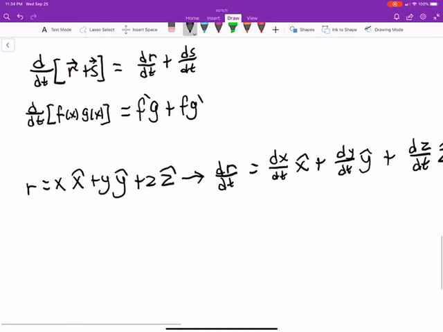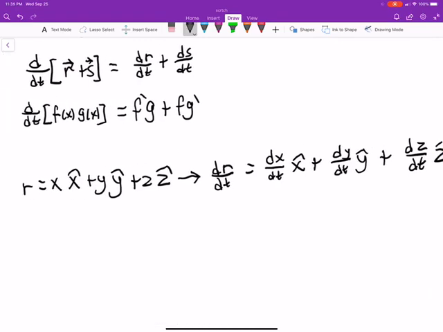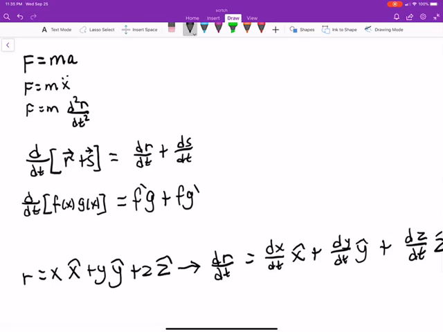So you just take the derivative of x and y and z. The important thing to note here is that our unit vectors x hat, y hat, z hat are constants, which means, d by dt of a constant times f of x is just c f prime of x. So we can factor out that constant, and these can just be factored out and distributed after we take our derivative.